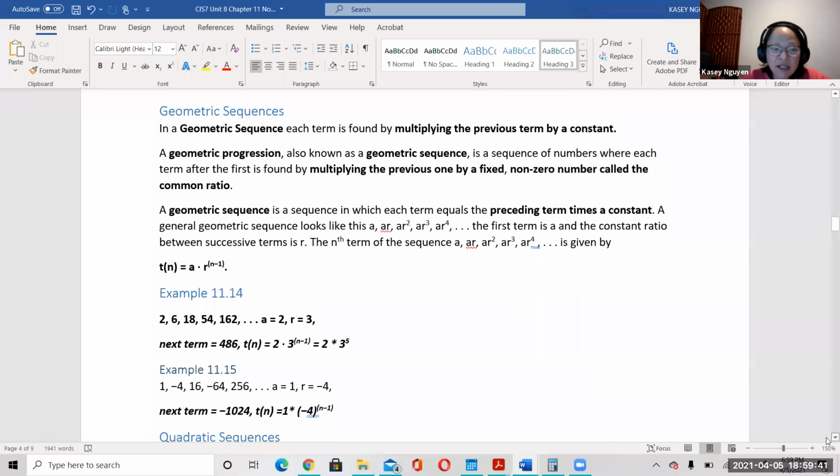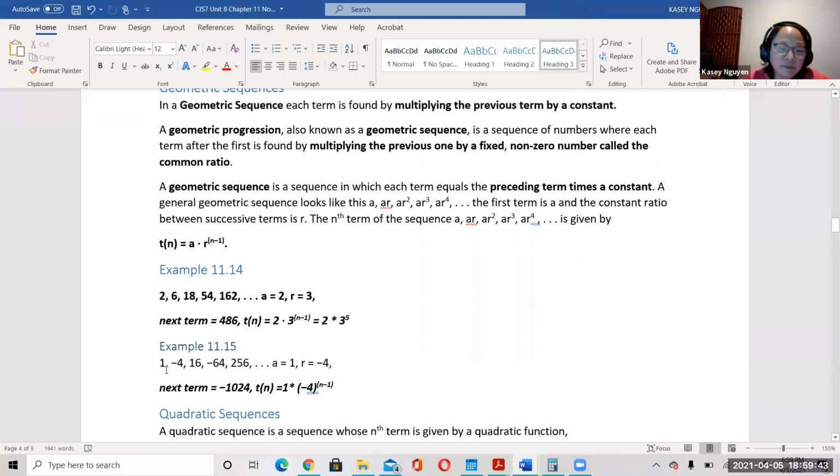Then for the next example, you have 1, -4, 16, -64, and 256. A clue is when you start seeing every other value, the second, the fourth, and so on, be negative like this. When the sign switches like this, you know that we're going to multiply by a negative, so your common ratio is a negative value.